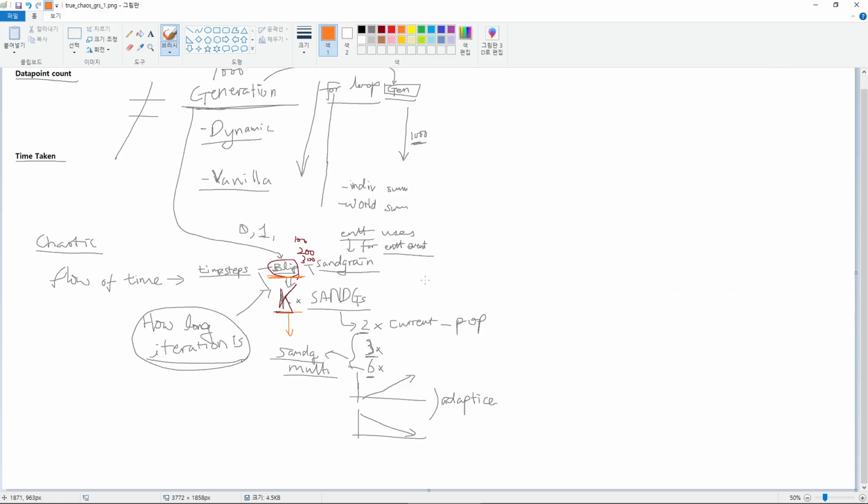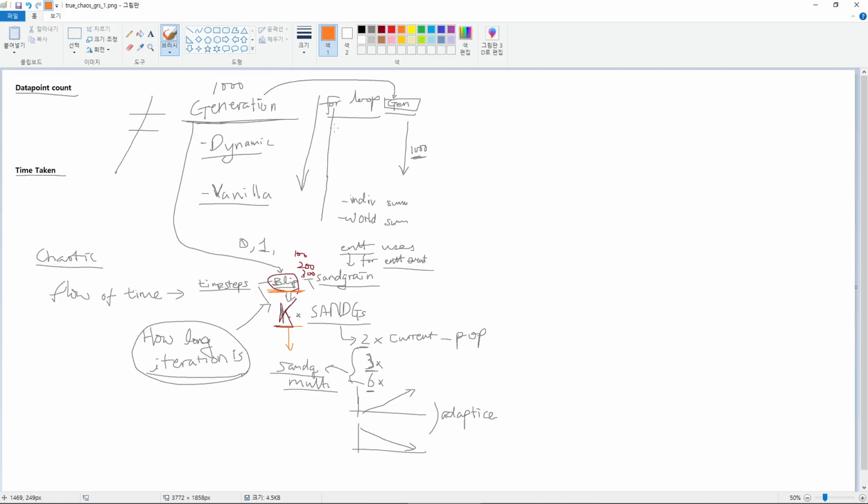Yeah, so that's how the concept of time changed, because the flow of time changed when I went from dynamic or vanilla to chaotic. So back to here, data point counts and time taken.